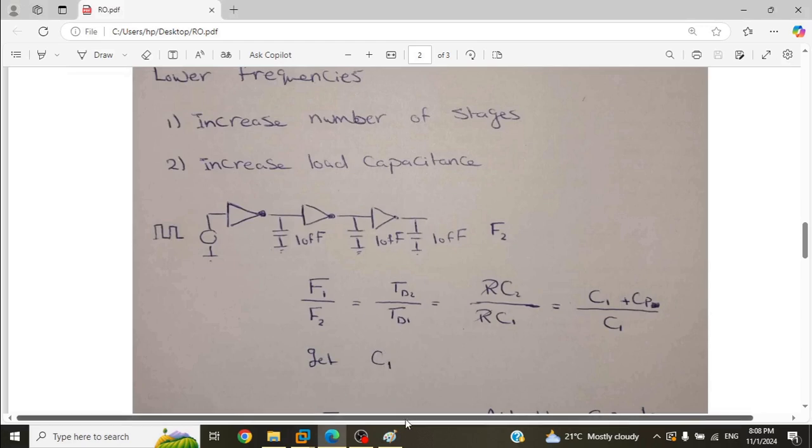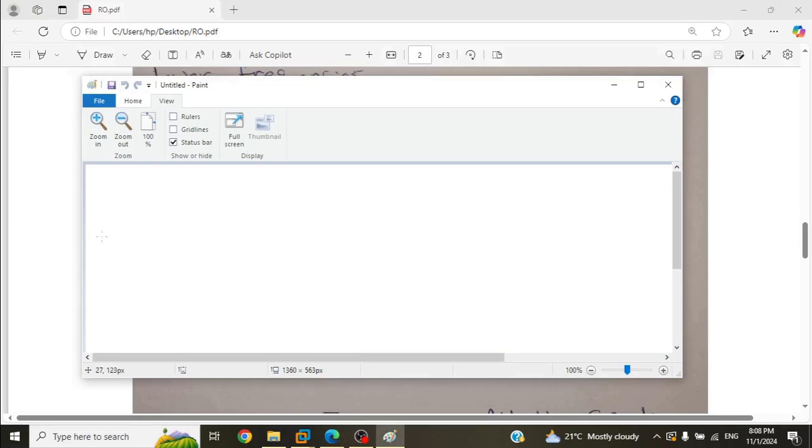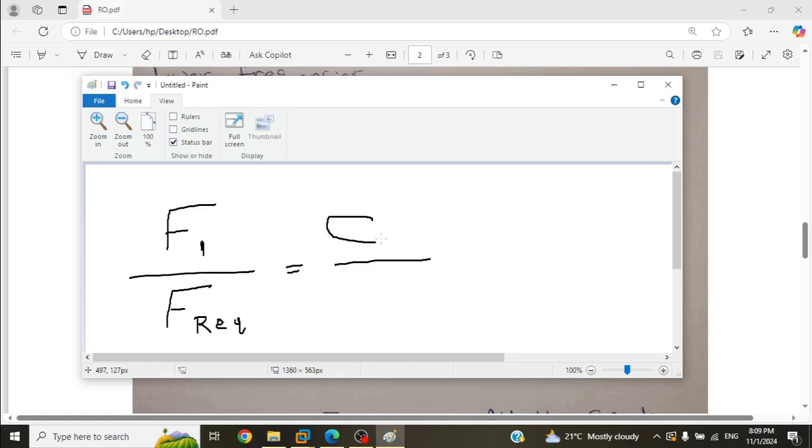Now after we have C1, we can have this relation: F1, that we already have, which in our case is 26.6, over F2 equals C1 plus C added over C1, where C1 is the parasitic capacitance added by the inverter and C added is the one we add to get this frequency.